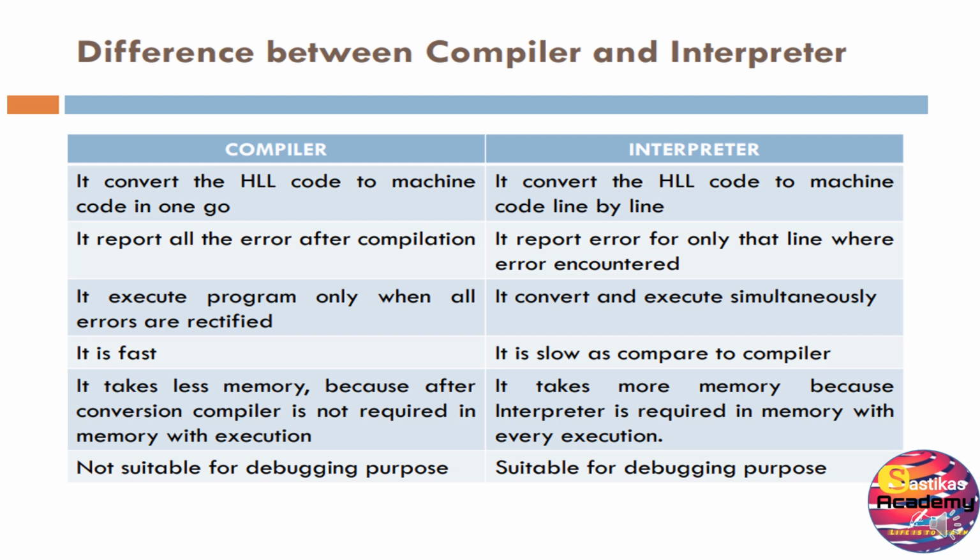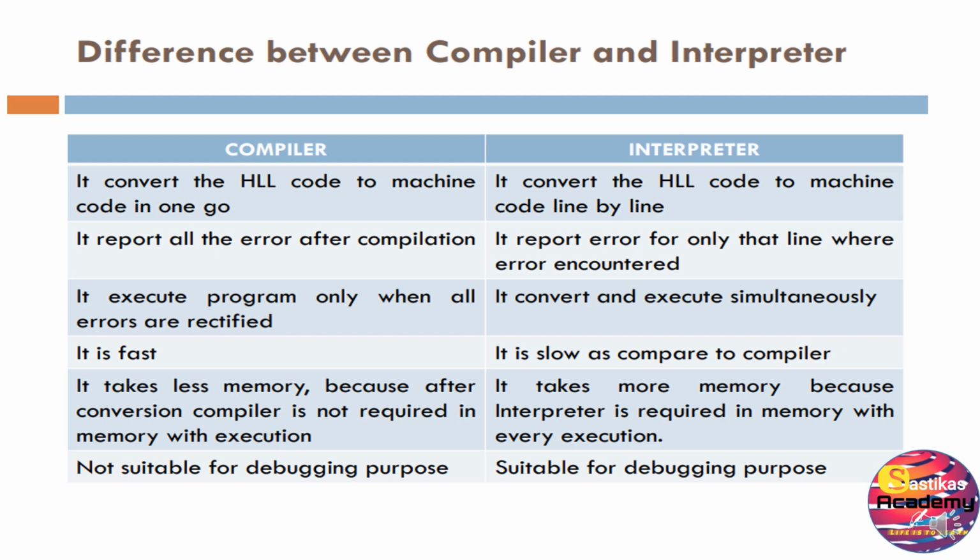And what is the difference between compiler and interpreter? It also converts high level language to machine language, but a compiler checks at the end in one go. The interpreter checks line by line.